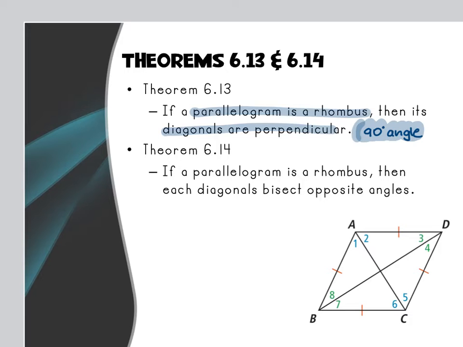6.14 is also about a rhombus. It says if a parallelogram is a rhombus, then each diagonal bisects the opposite angles. So in the diagram that's there, is ADCB a rhombus?